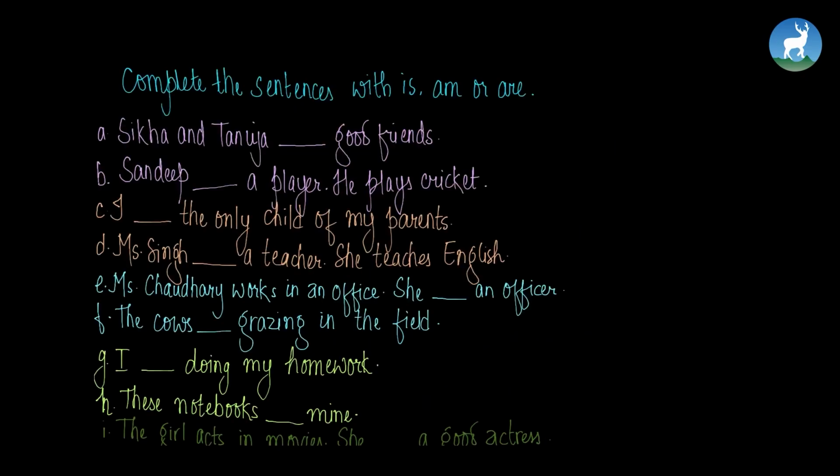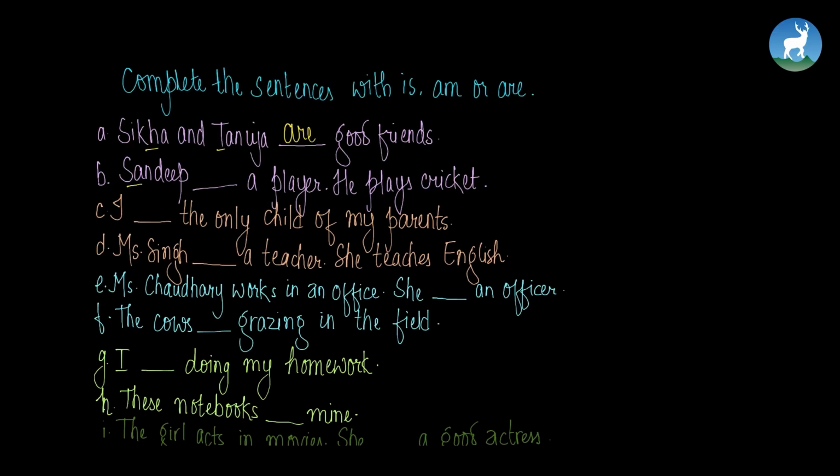Okay, complete the sentences with is, am or are. Shikha and Tanuja dash good friends. Are good friends, because we have two subjects, plural subjects, right? Sandeep dash a player. He plays cricket. Is Sandeep singular or plural? Singular.